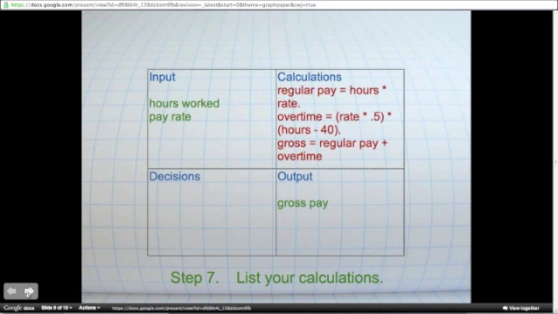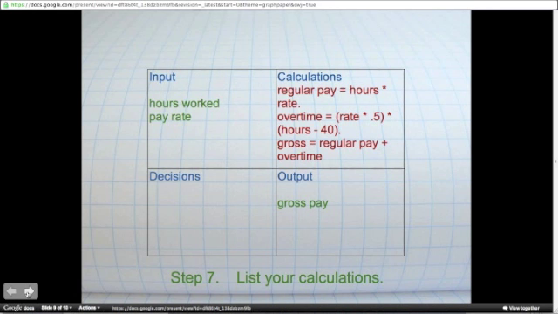So, the first task is to multiply the rate times 0.5. Or, yeah, you could divide it by 2. At any rate, we end up with half of our normal hourly rate.